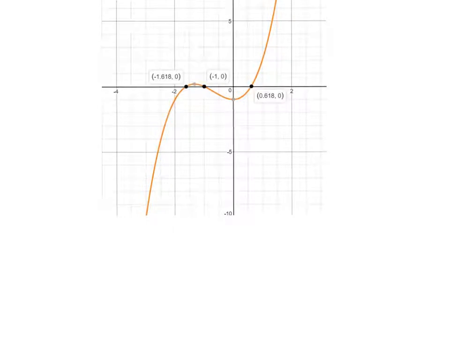So if I set up my synthetic division, negative 1 is a known zero. Then our coefficients, 1 for x cubed, 2 for x squared. We don't have an x term, so 0, and negative 1.